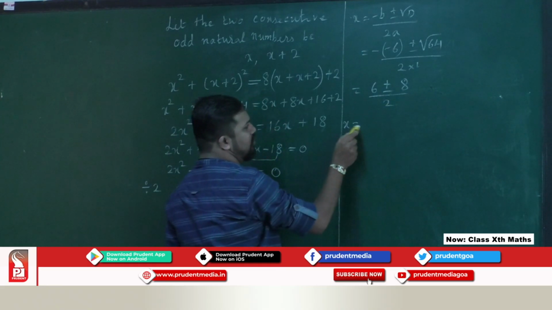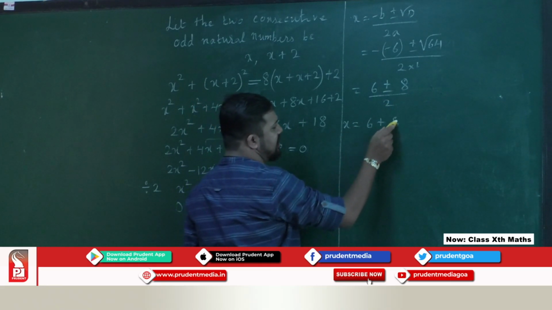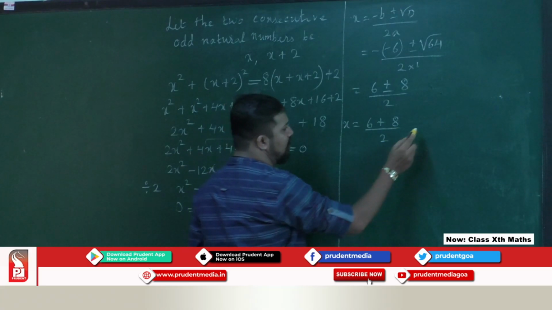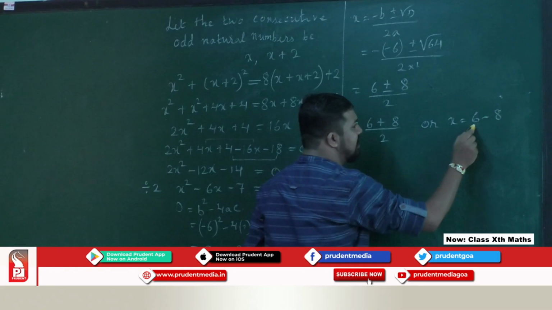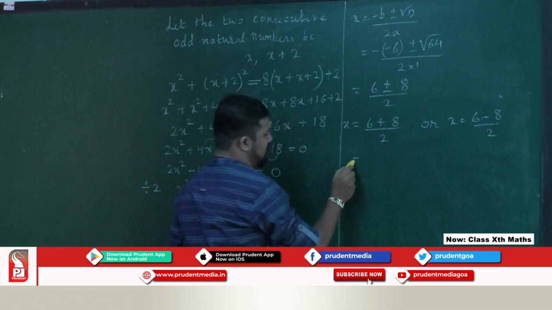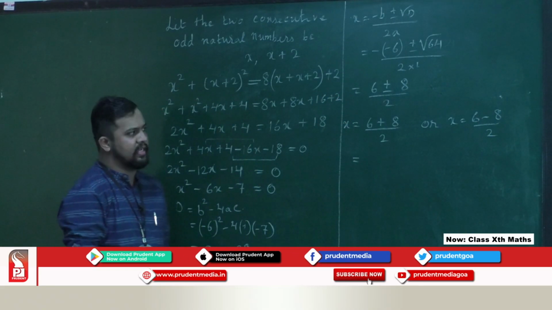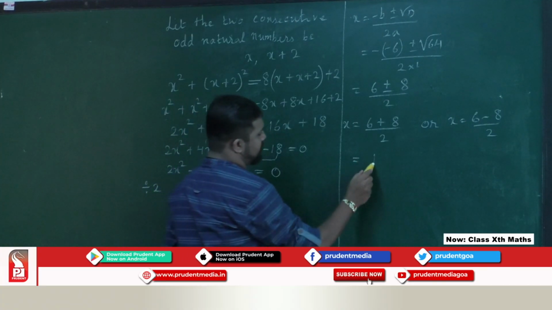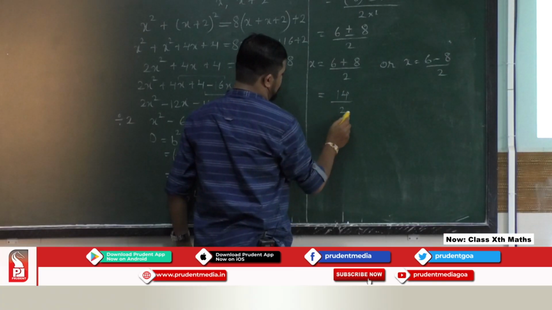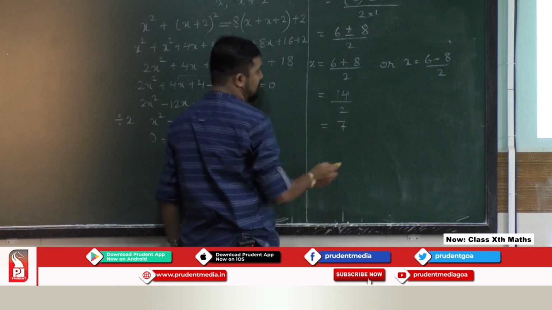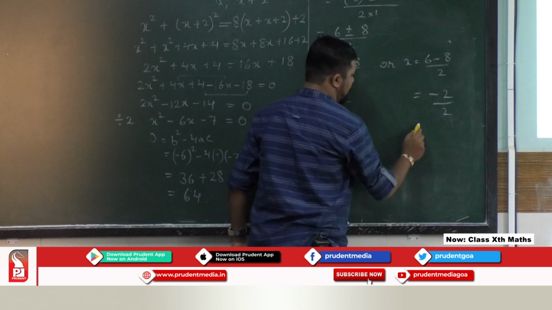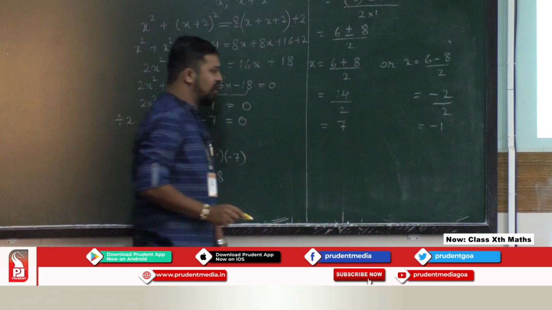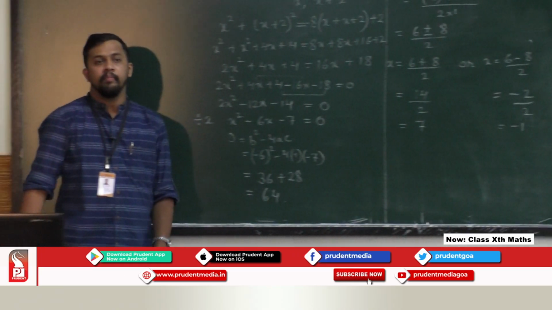So x is equal to 6 plus 8 by 2, or x is equal to 6 minus 8 by 2. 8 plus 6 is 14, by 2 is 7. And negative 2 by 2 is minus 1. So you got the answer as 7 and negative 1.